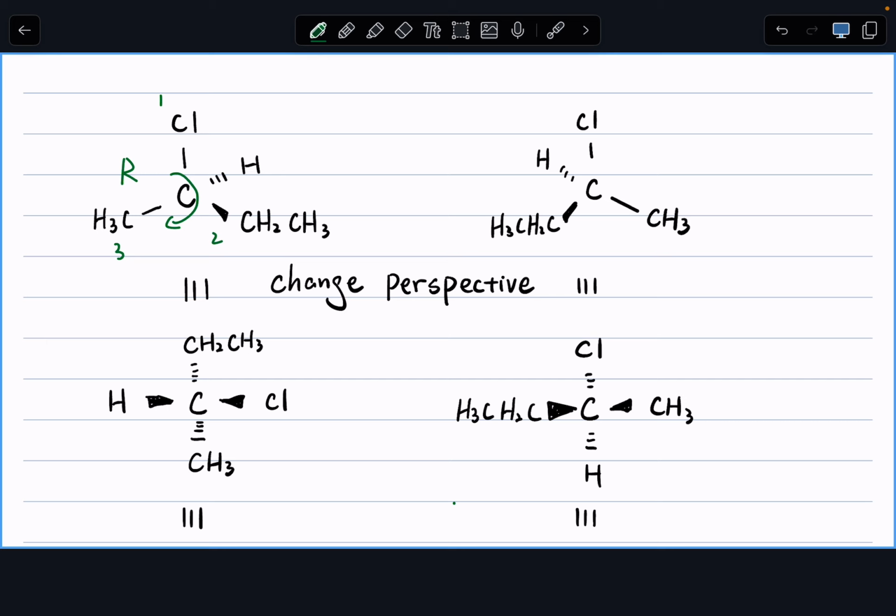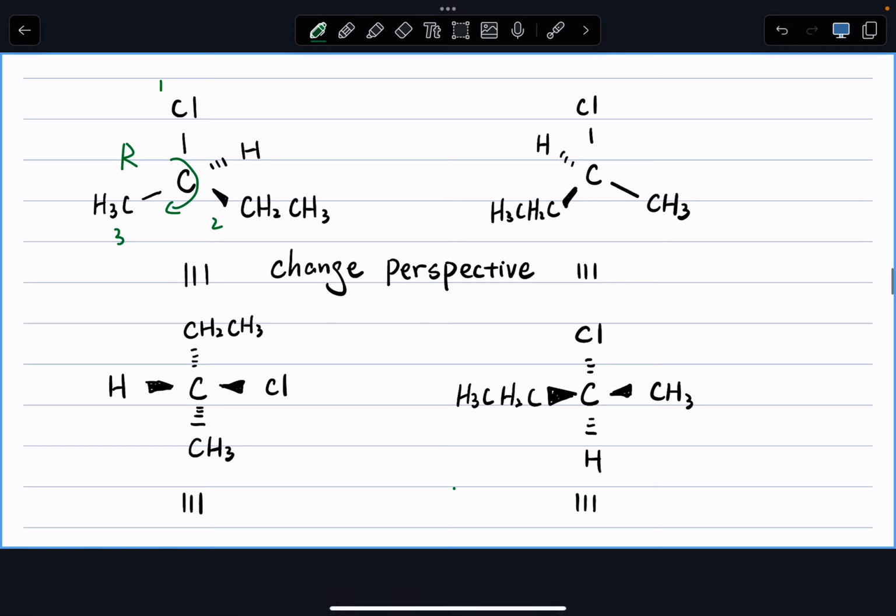All right. And in Fischer projection, what we're doing is changing the perspective. We're looking through the chemical bond from top to bottom. Or the other way to put it is we're looking at the molecule from a different perspective so that both my chlorine and hydrogen are wedged out. The ethyl group and the methyl group are both dashed in.